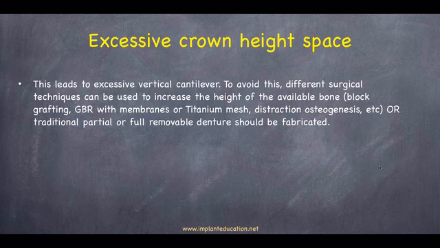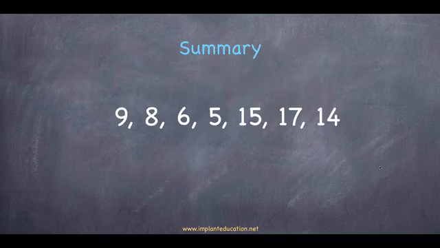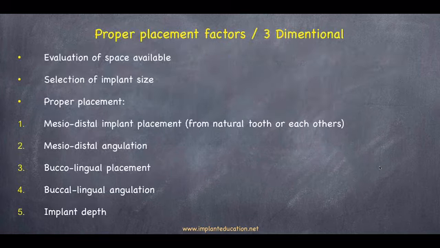So it would be block grafting, GBR, or interpositional grafting, distraction osteogenesis. All those techniques are available to us to gain, if you will, vertical restorative space before implant placement. Otherwise, alveoloplasty if we have too much bone. All right, that was the topic.